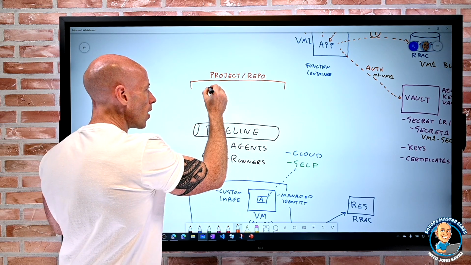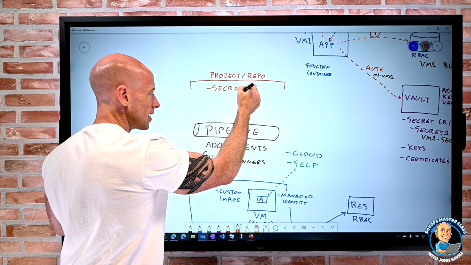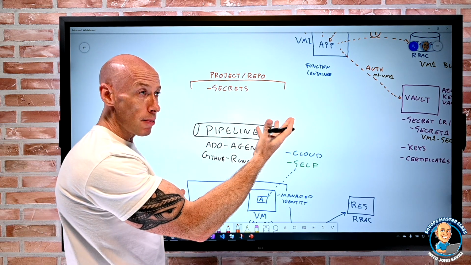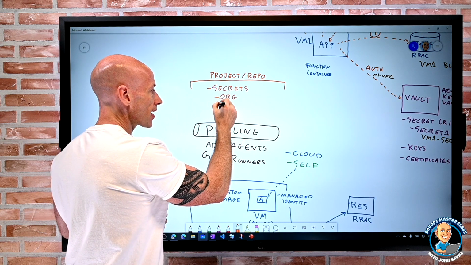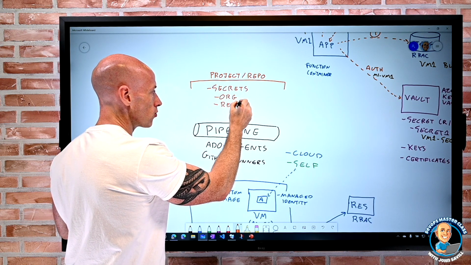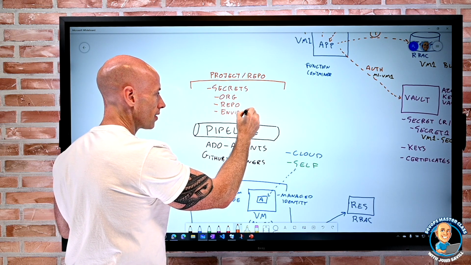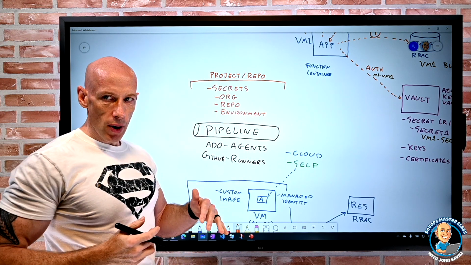And what I can do is have secrets here as well. Again, depending on the solution, but in GitHub, for example, I can have organizational level secrets. I can have repo level secrets. And I can even have environment level secrets. And they actually cascade down that way.